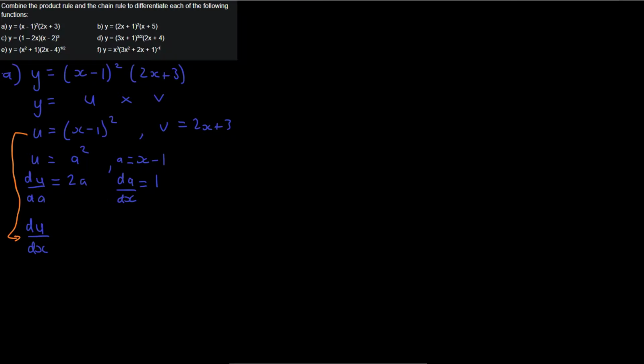So imagine if the question just said y equals (x minus 1) in brackets squared. Solve this. Well, you'd see that power, you'd see this x, you'd see this is a function within a function. So you might say, well, y equals u squared, where u is equal to x minus 1. dy/du is just 2u, and du/dx is equal to 1.